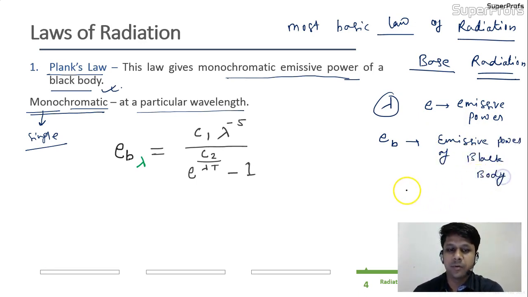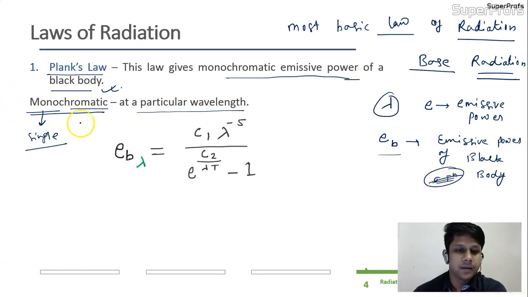So the emissive power of a black body formula is sigma T power 4, which I told you. Later, after Planck's law, someone differentiated this and calculated that EB is equal to sigma T power 4, and we will discuss this in later slides.